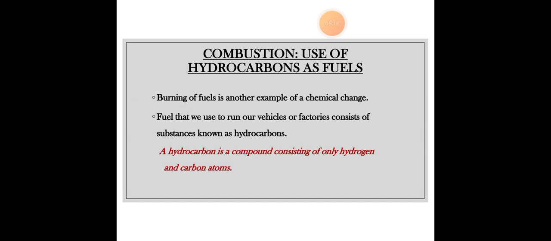What are hydrocarbons? A hydrocarbon is a compound consisting of only hydrogen and carbon atoms. No other element, like oxygen, water, or carbon dioxide, can be present. It's a compound that only consists of hydrogen and carbon atoms. That's present in our vehicles and factories.